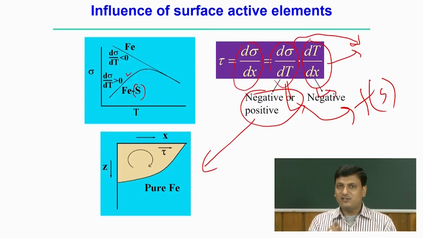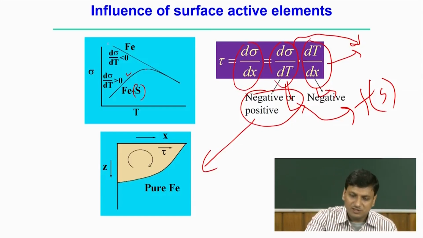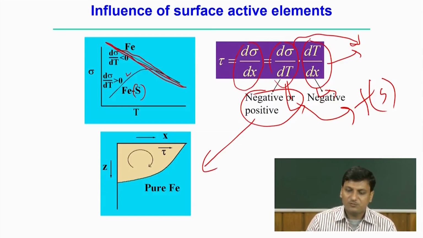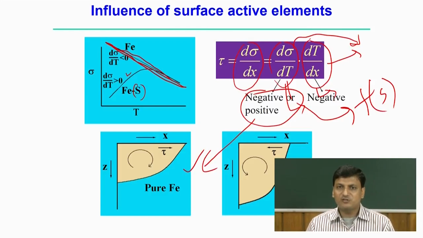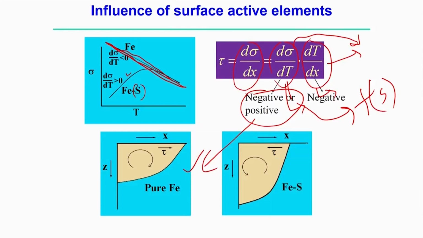So, the direction is given, and because of that shear stress, the flow pattern normally happens from the center to the outward periphery. Maybe we can say it is in the clockwise direction, but we follow this clockwise direction when the temperature coefficient of surface tension is negative, that is, for this negative slope. Now, if the temperature coefficient of surface tension is positive, then the shear stress is acting in the other direction.